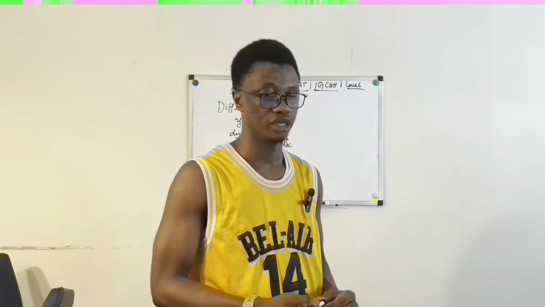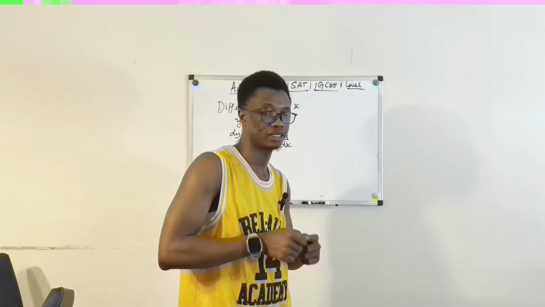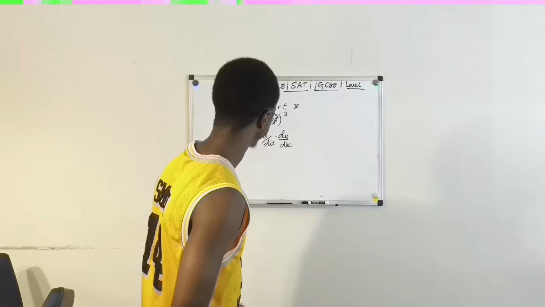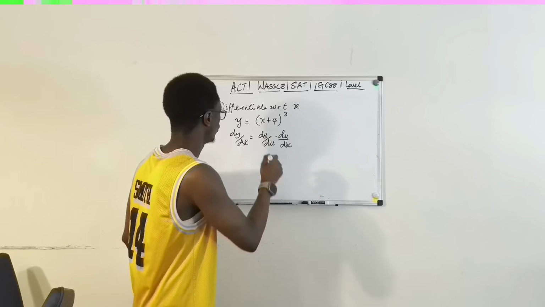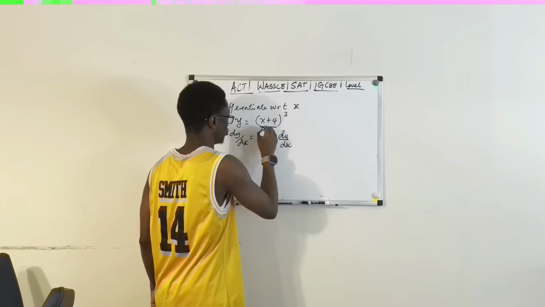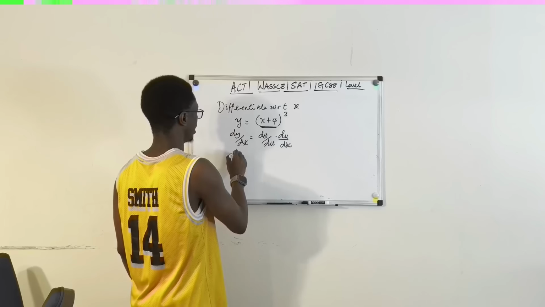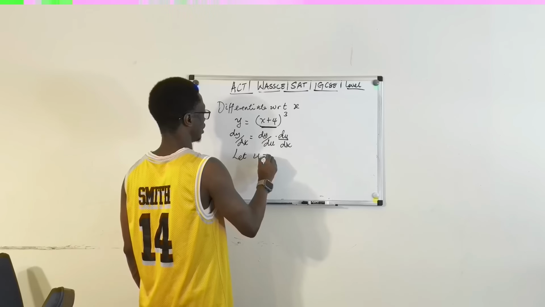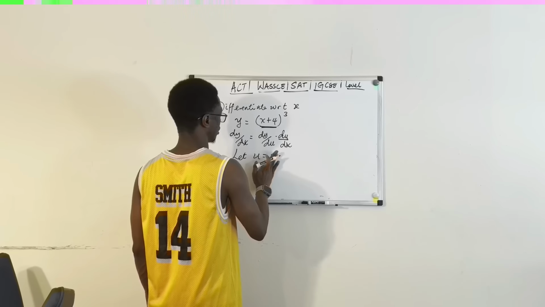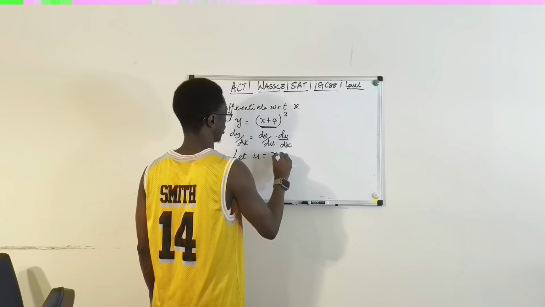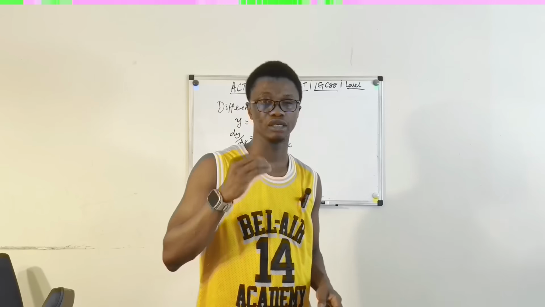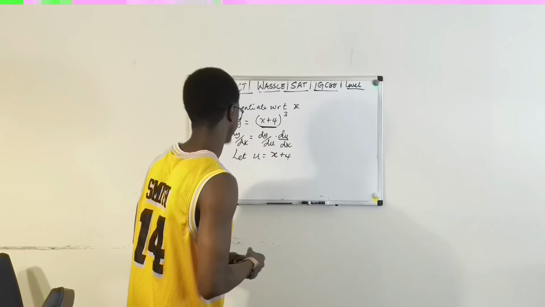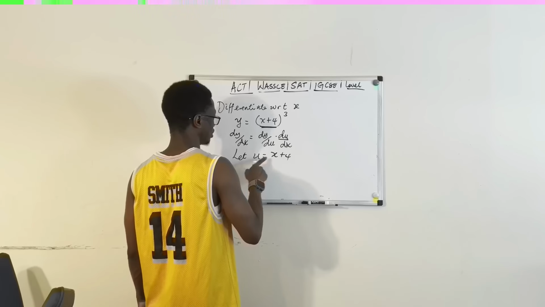Easy as that. So let's go. Now, the first thing you have to do here, you let this one to be u. So you let u equals to x plus 4. Easy. Now you differentiate u with respect to x.